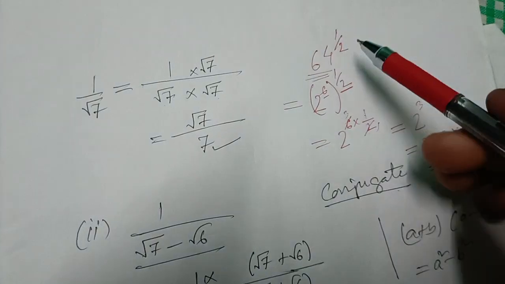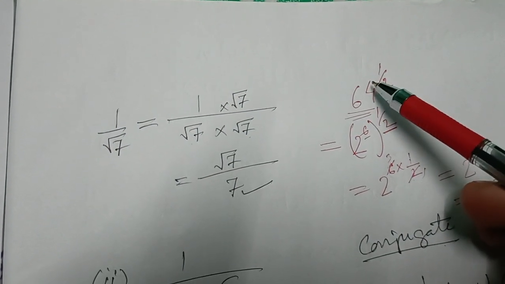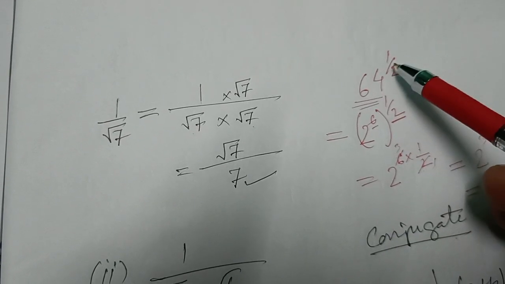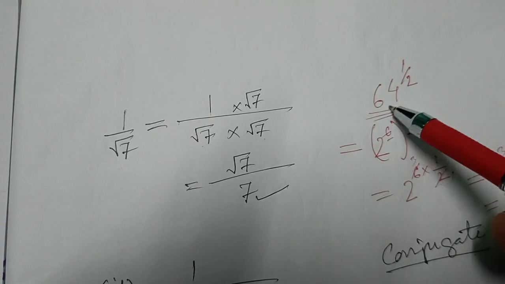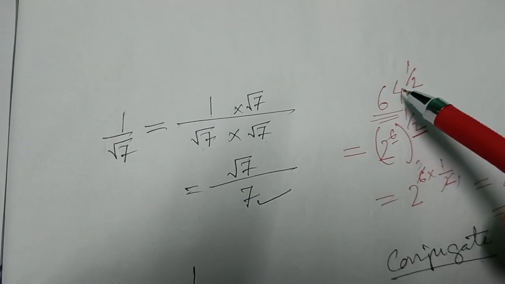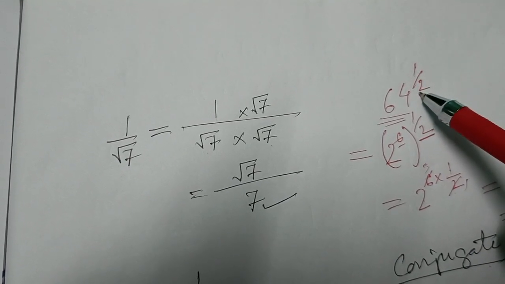When you see the exponent of any number is a fraction with some denominator, if possible, you try to split it up in such a way so that the exponent of that base you get in the power of the denominator form.